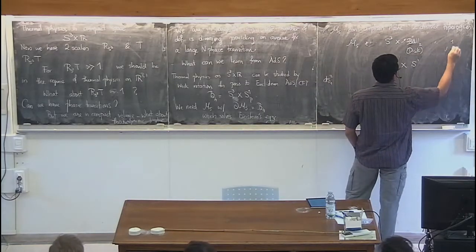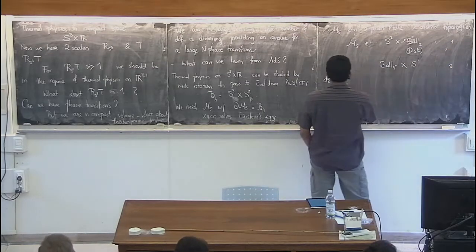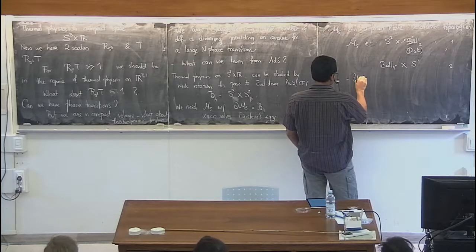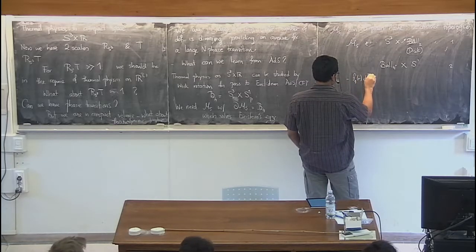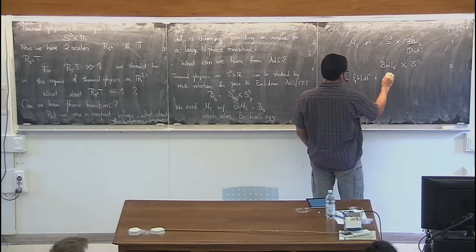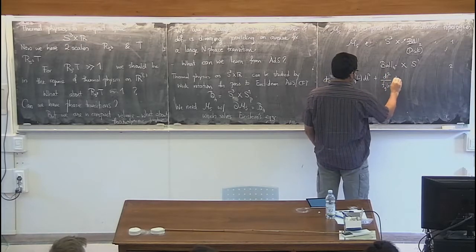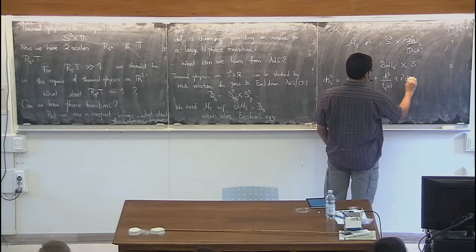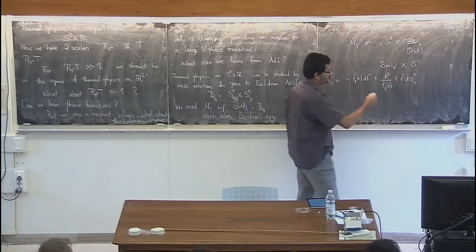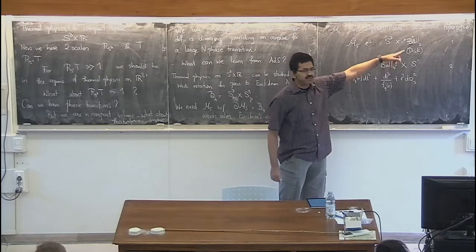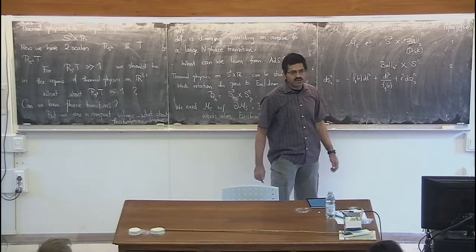And I'll call this 2. They're not hard to find because in either case you're maintaining spherical symmetry, you have time translational symmetry, so you just have to solve some ODEs.